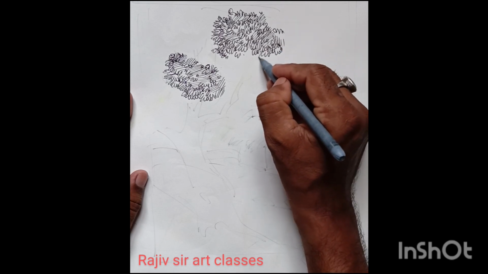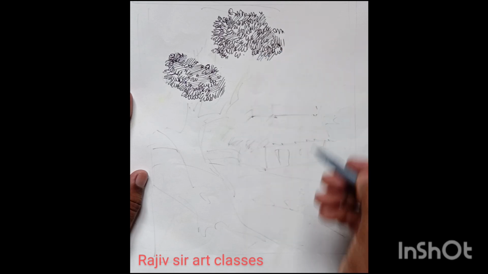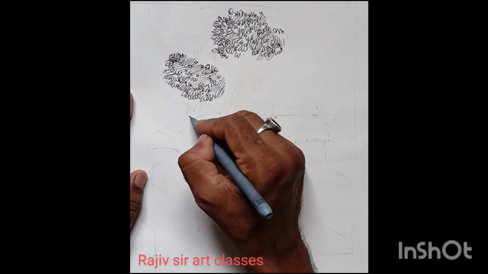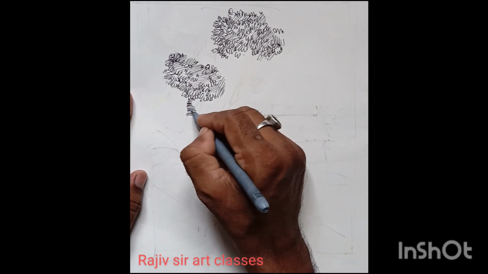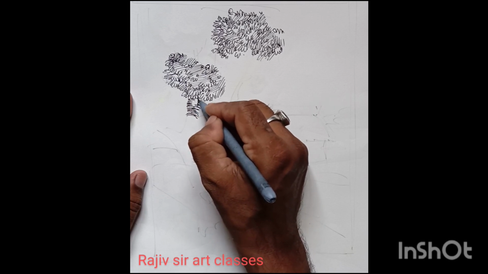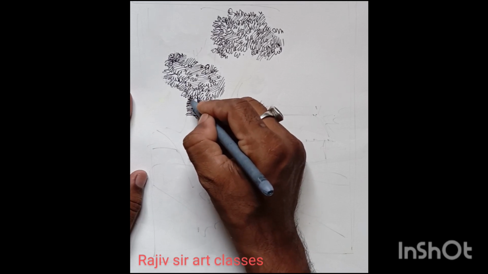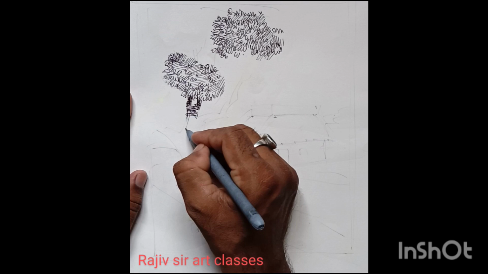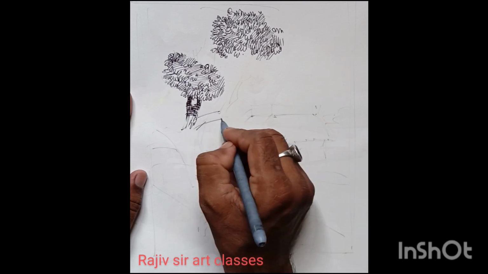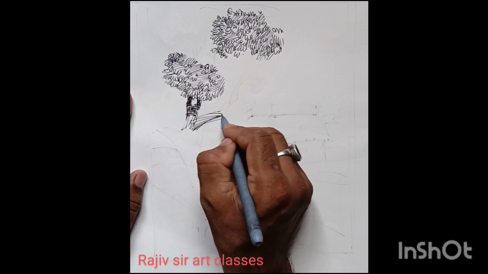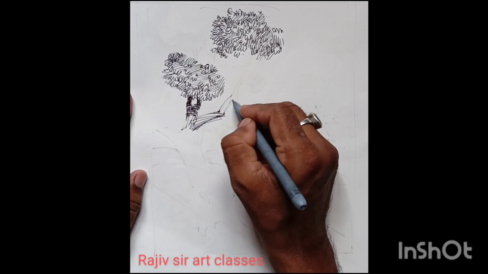So while doing the leaves with a pen, you have to move your pen in such a way that the strokes can move in all directions. Sometimes you can give the strokes to the right, sometimes to the left, sometimes on the top, sometimes on the bottom, so as to give the effect of a bunch of leaves, so as to give the character of the leaves.